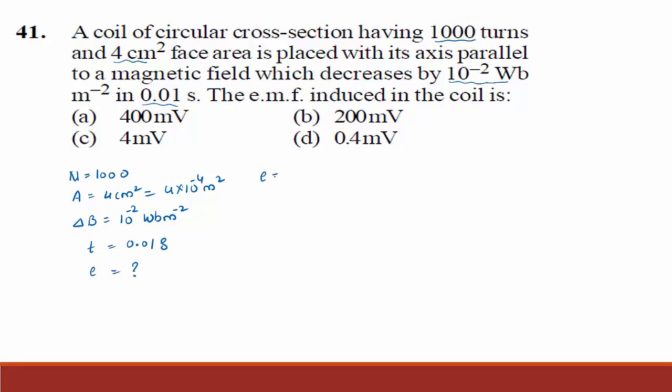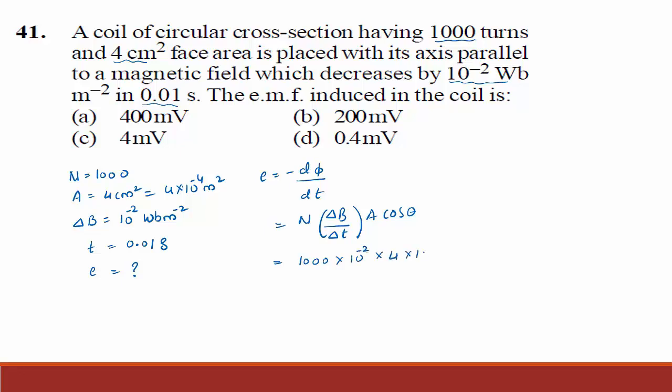We have the equation E equal to minus d phi divided by dt, or we can write for n number of turns, n into delta B divided by delta t into A cos theta, since B dot A equal to BA cos theta. Now substitute all the values, number of turns is 1000 into change in magnetic field is 10 raised to minus 2 Weber per meter square.